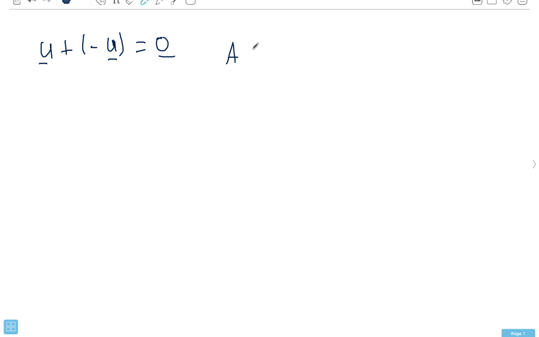So A, B, A this time. AB represents u, BA represents minus u, and all of this is equal to AA, which is 0. So by the triangle rule again, u plus minus u is equal to 0.